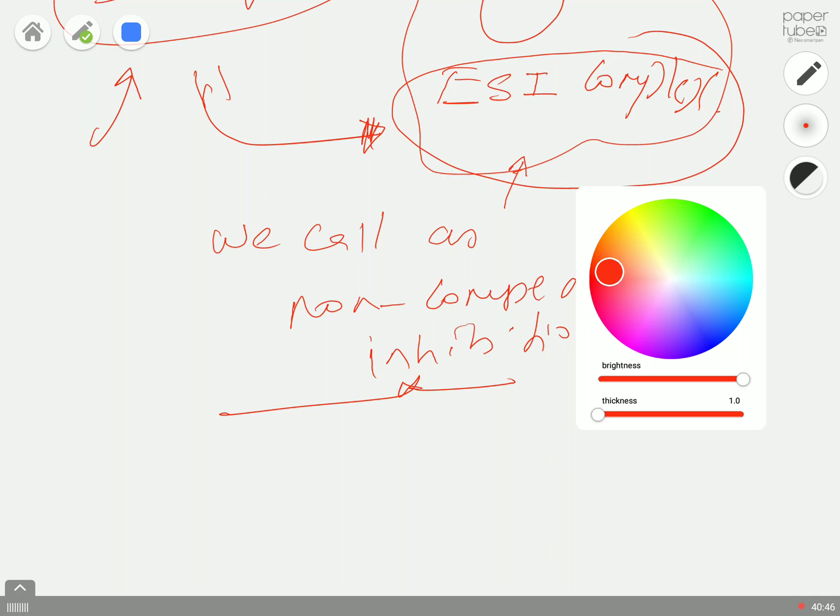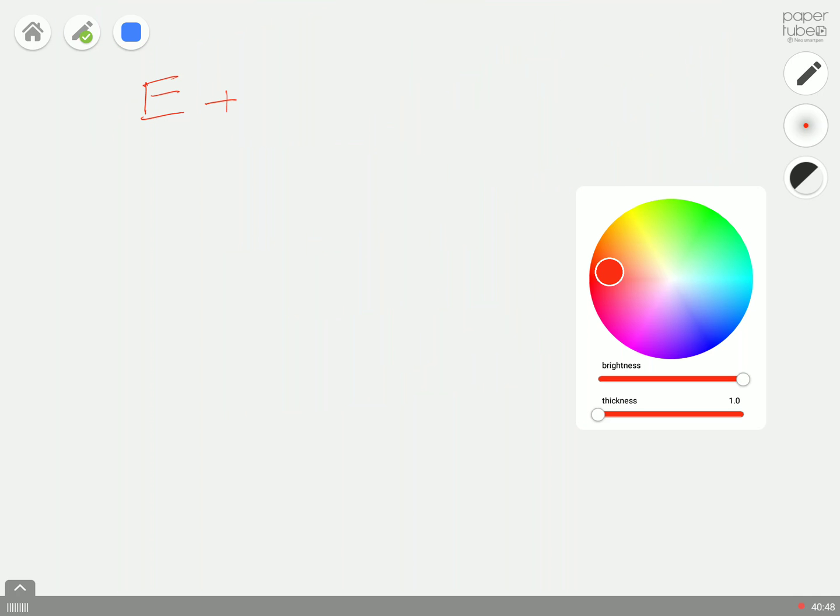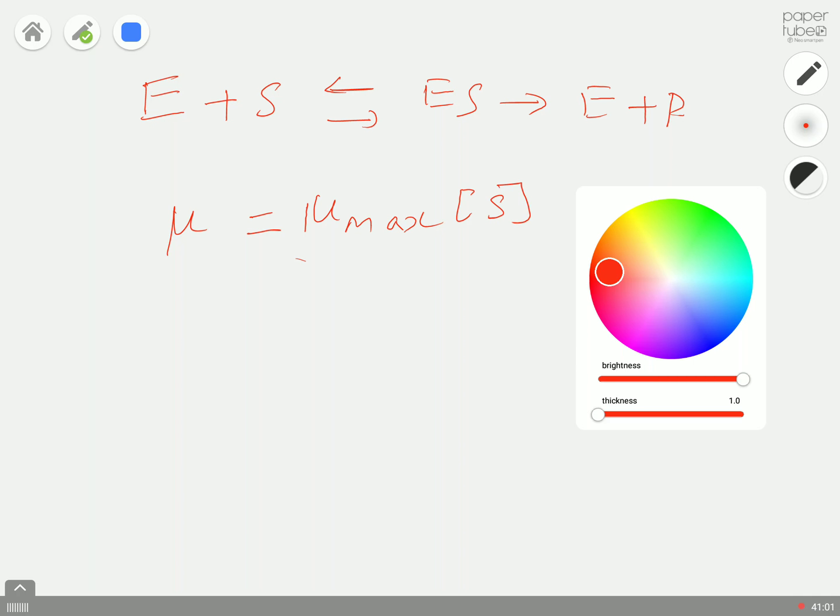When we are going to deal just with enzyme and substrate, we know your initial velocity is given by the Michaelis-Menten expression.